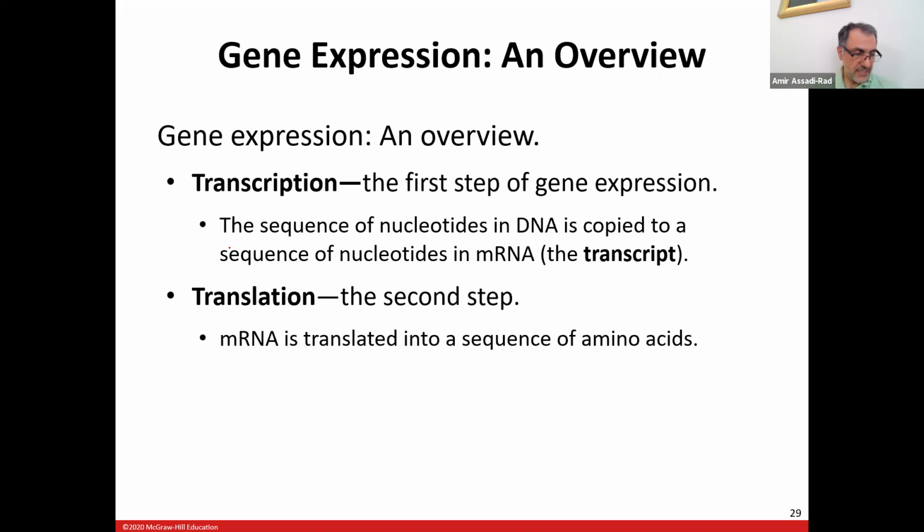The cell, whether bacteria, elephant, whale, flowers, or fungi, first does transcription, and then translation. Transcription is the first step, where the sequence of nucleotides in DNA is copied into the sequence of nucleotides in mRNA, the transcript. Translation is the second step, where mRNA is translated into a sequence of amino acids. I hope I'm making some sense.